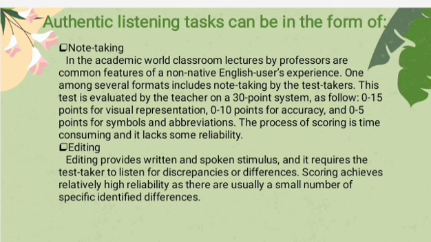First, 0 to 15 points for visual representation, 0 to 10 points for accuracy, and 0 to 5 points for symbols and abbreviations. The process of scoring is time-consuming and it lacks some reliability.